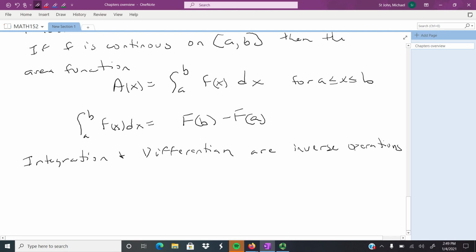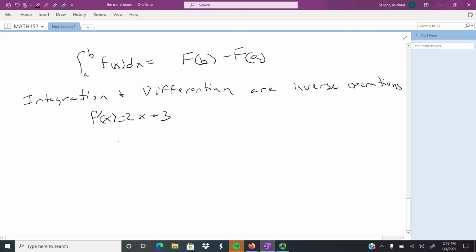So for example, if I said the derivative was 2x plus 3, and I want to know what is the original function, well, I can integrate this, 2x plus 3, and so this will give me 2x squared over 2 plus 3x plus c, so x squared plus 3x plus c, right?